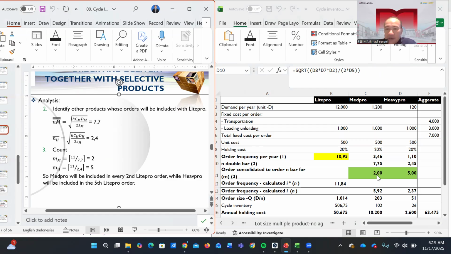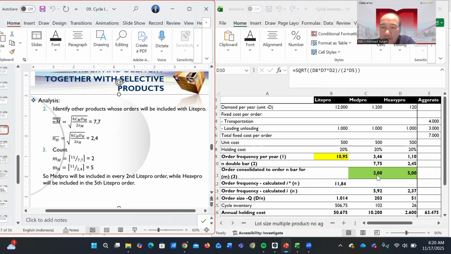It means that the consolidation of order of Mac Pro will be in the second order of Light Pro, fourth order of Light Pro, sixth order of Light Pro, until the last order of Light Pro or 10th order of Light Pro.